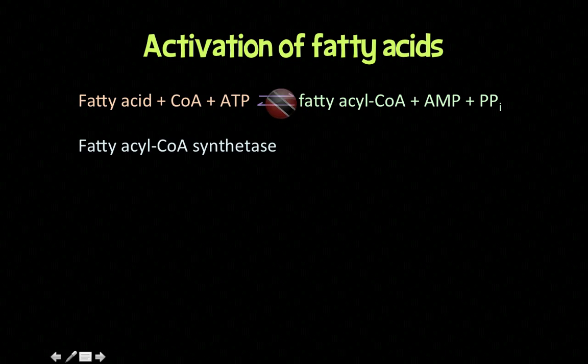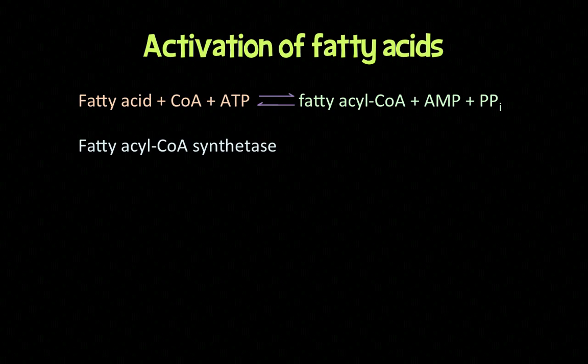And the enzyme that catalyzes this reaction is called fatty acyl CoA synthetase. And anytime you see an enzyme with the name synthetase, you know that it's going to be using ATP. And in this case, ATP is being converted to AMP plus PPi, which is pyrophosphate.